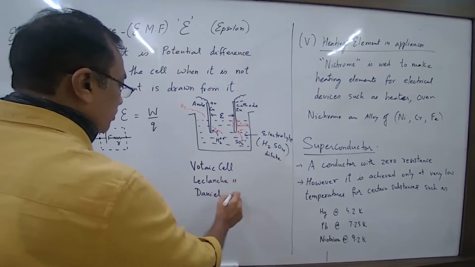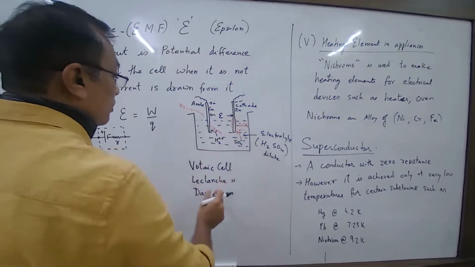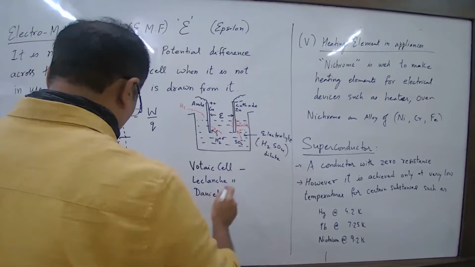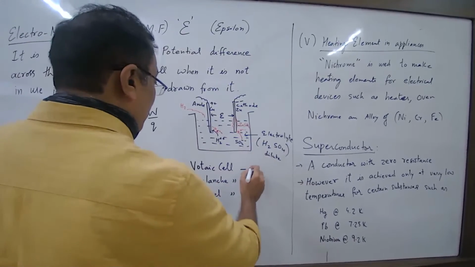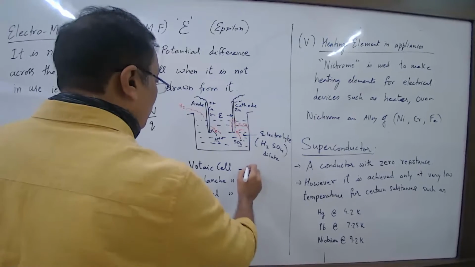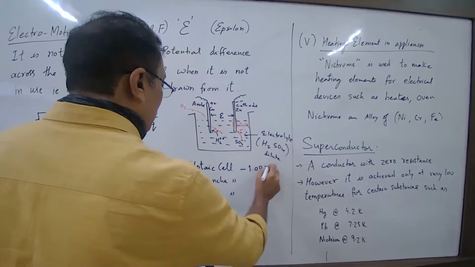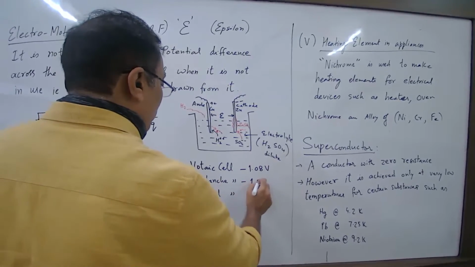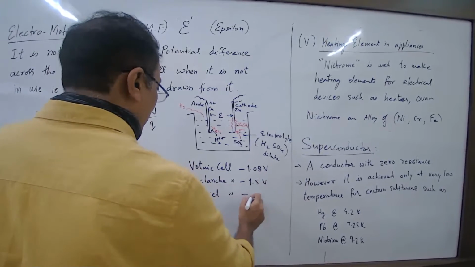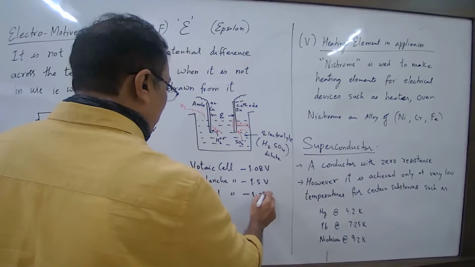So at equilibrium, the potential difference, that is EMF, is 1.08 volt in case of voltaic cell, 1.5 volt for Leclanche, and 1.08 volt again for Daniel.